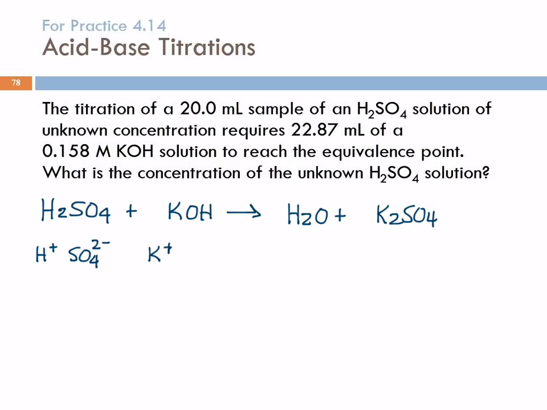Potassium hydroxide has two ions, potassium and hydroxide. We're going to swap the partners and write the formulas. So the H plus and the OH minus is what gives us the water. And we got the potassium sulfate from putting together K plus and SO4 2 minus.